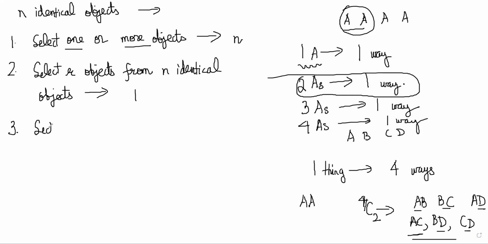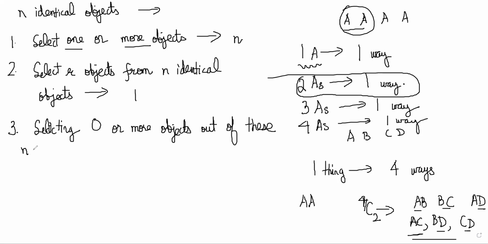Suppose selecting 0 or more objects out of these n identical objects. So then what will happen?